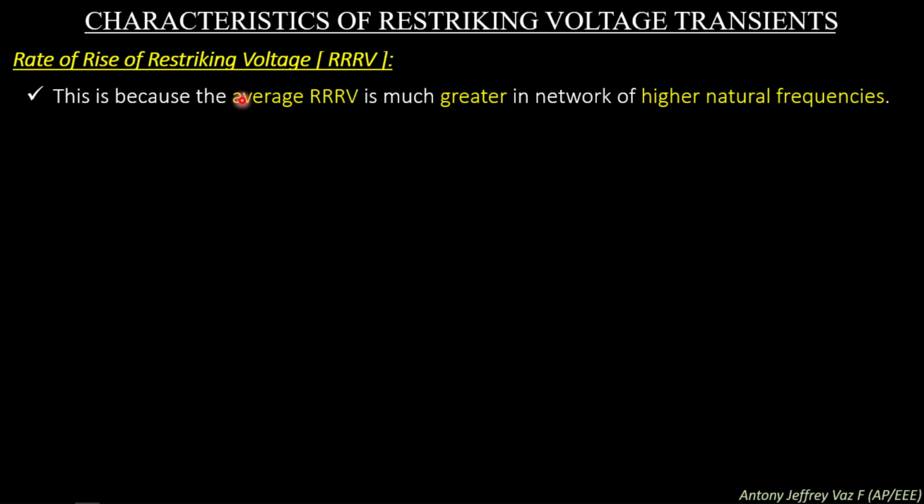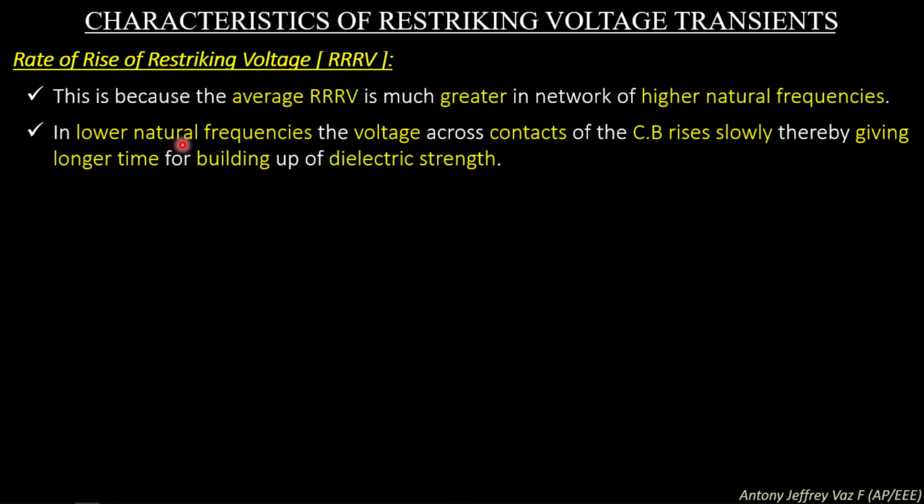Rate of rise of restriking voltage. This is because the average RRRV is much greater in networks of higher natural frequencies. In lower natural frequencies, the voltage across contacts of the circuit breaker rises slowly, thereby giving longer time for building up of dielectric strength.